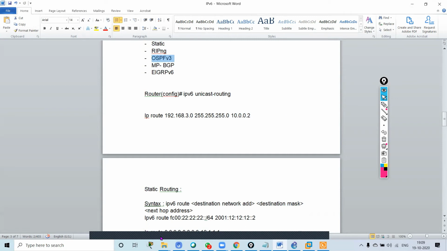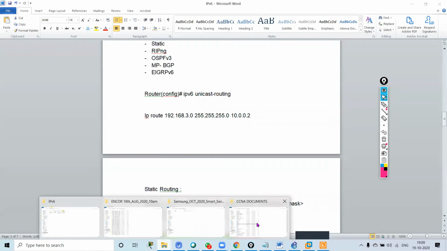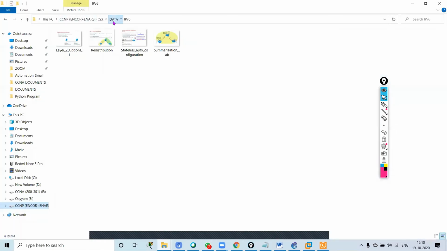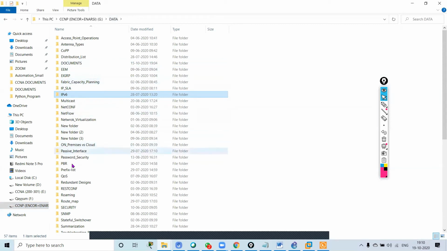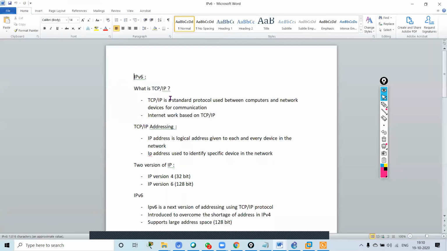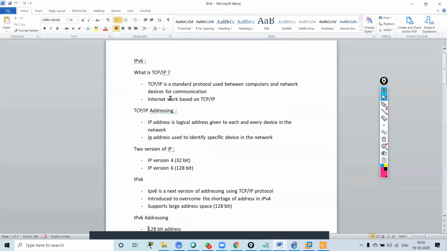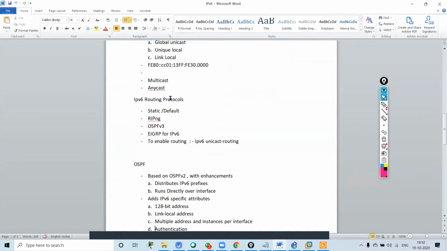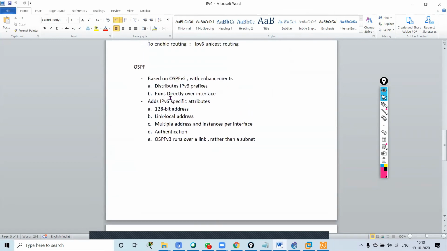So OSPF version 3. Now OSPF version 3 is based on OSPF version 2, with some enhancements.